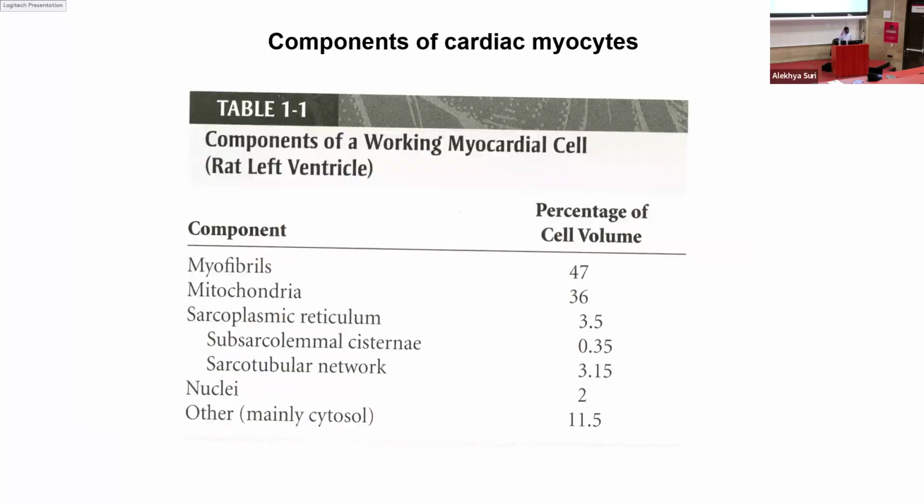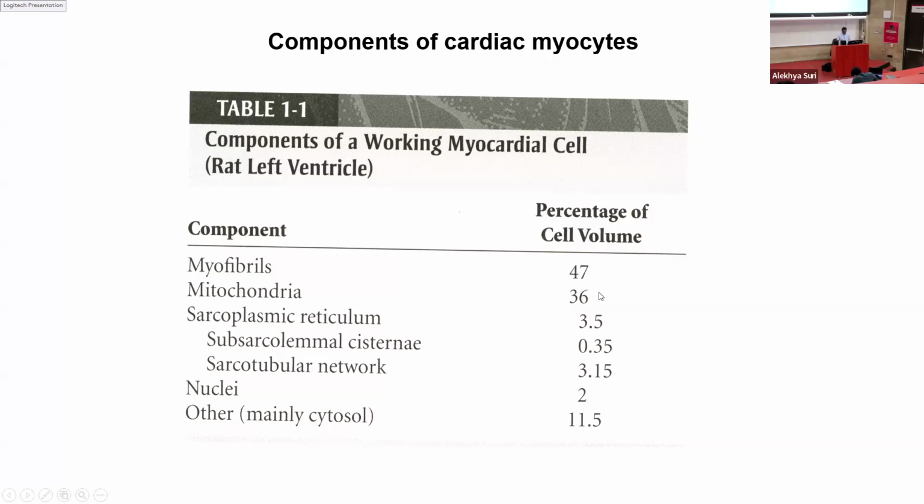There's one study in which people isolated the various components of an individual cardiac myocyte and analyzed how much volume each occupies. If you look at it, the myofibrils are nothing but the contractile proteins involved in muscle contraction, like myosin and actin, and they occupy almost 50% of the cell volume.